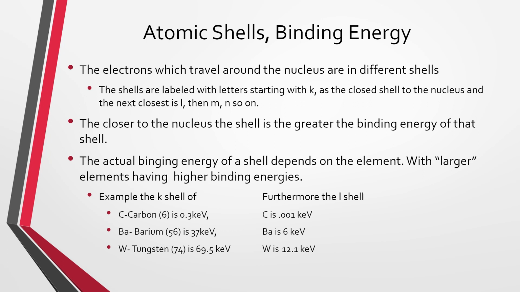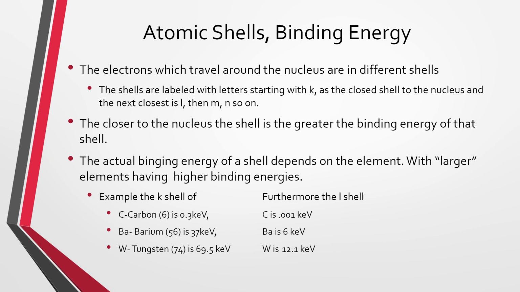The K shell for carbon, which is element number 6, is 0.3 keV, which is 300 electron volts, the amount of energy binding the K shell electron with the atom.